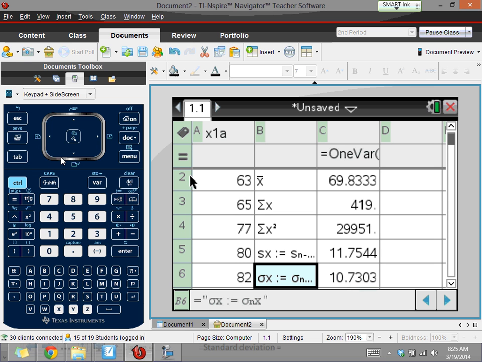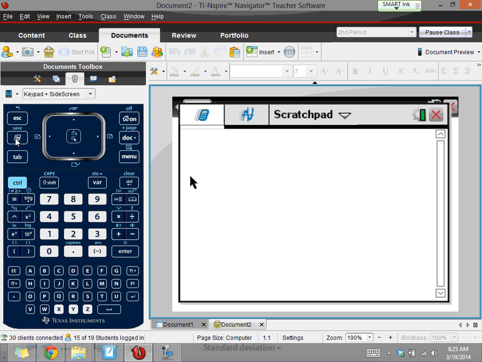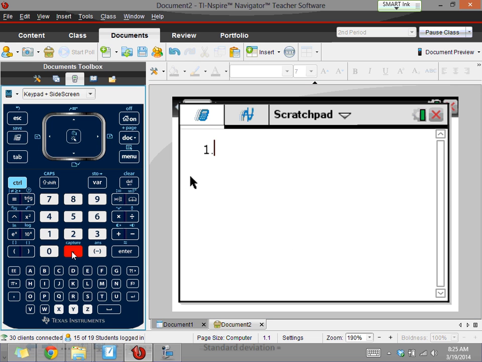Press this button right here. What's this button called? Scratch pad. Okay, because we need to do a quick calculation. 10.7 squared.